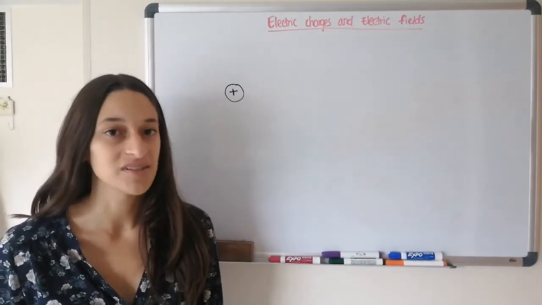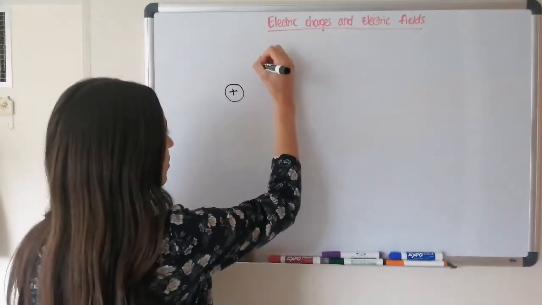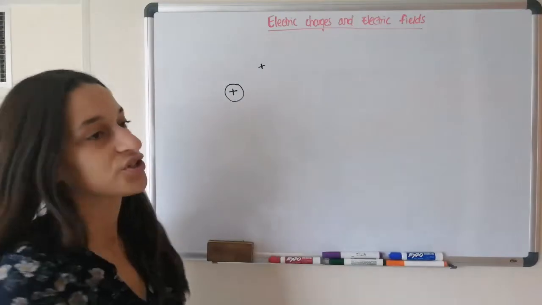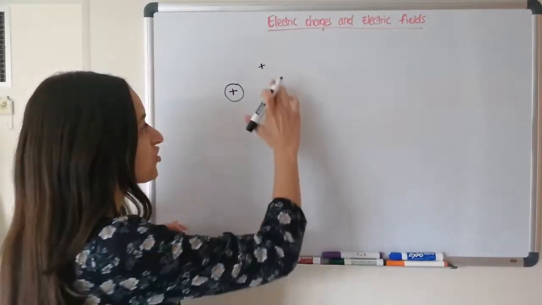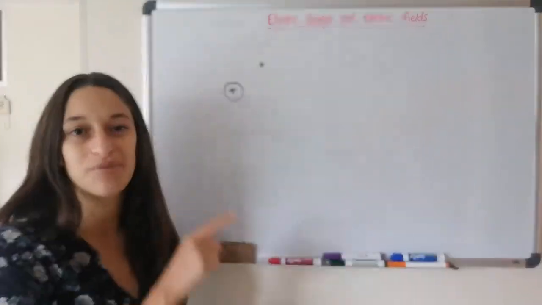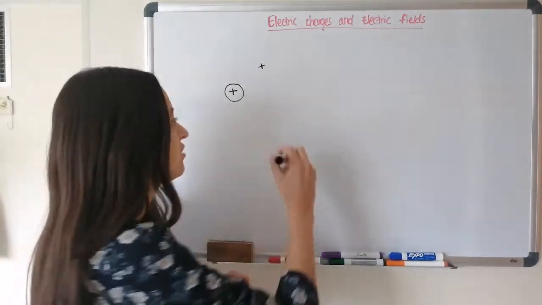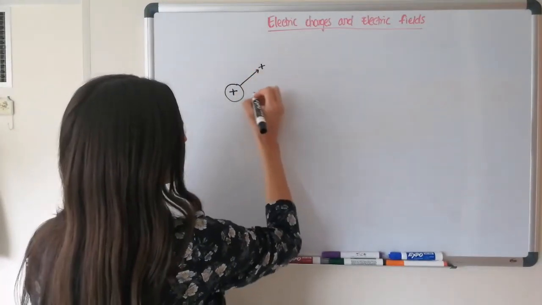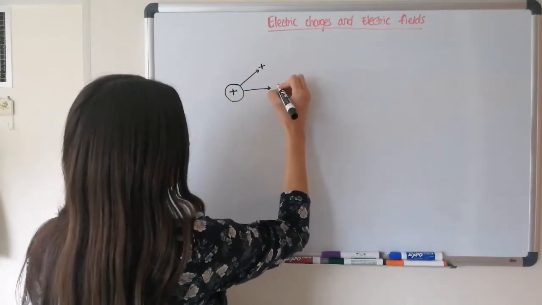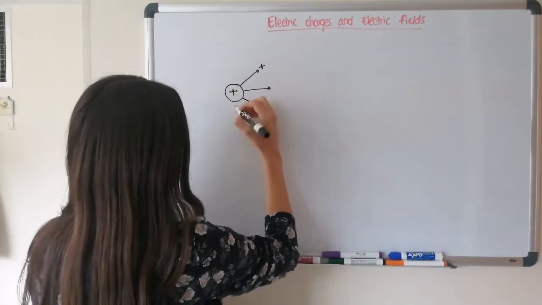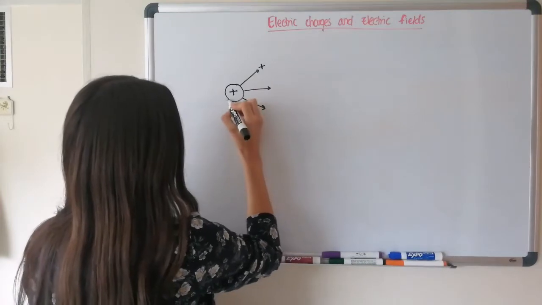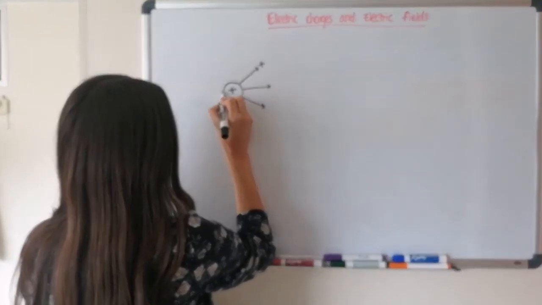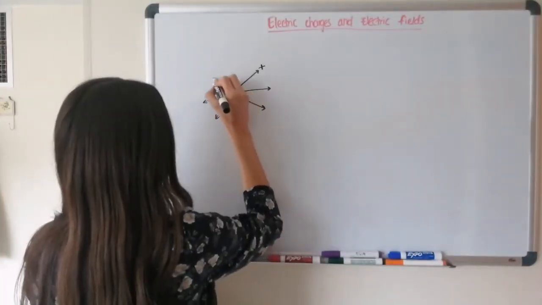If you put another positive charge, let's say here, because equal charges repel, this charge is going to feel a force that pushes it away from it. So that charge here will feel this force that pushes it away, and the charge here will also feel a force pushing it away. So this is how we represent an electric field for a positive charge.